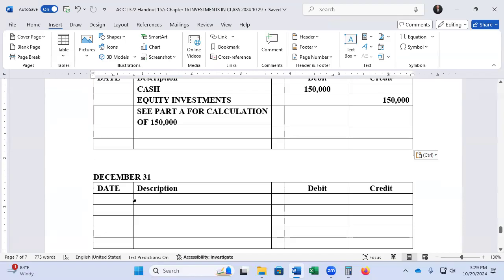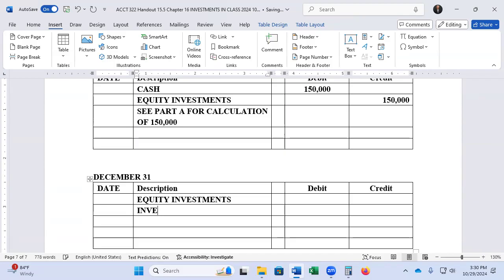Okay. And then at the end of the year, now we're recording not a fair value adjustment, right? But we're going to record our portion of the net income. And so we're going to have equity investment and investment income.